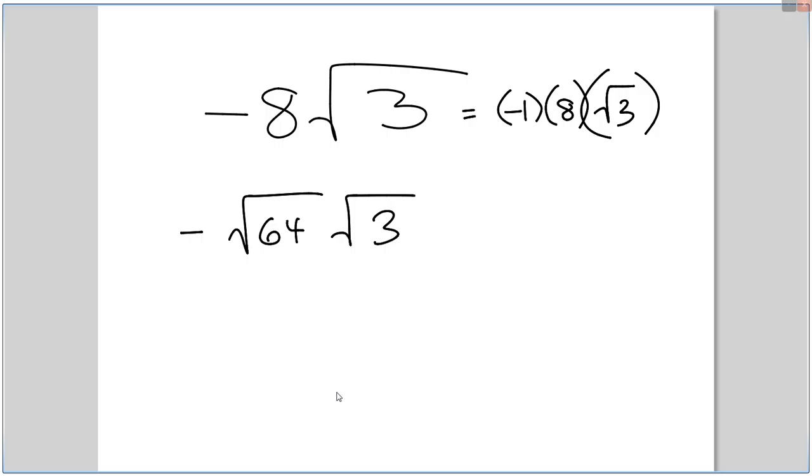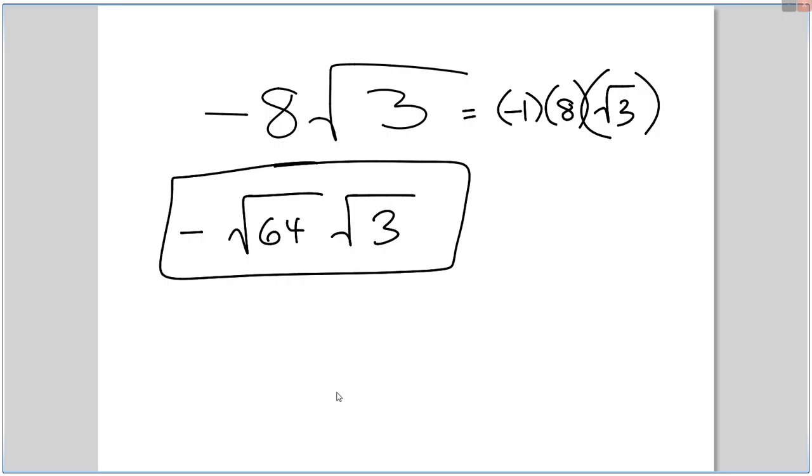And that's basically what I did to create this. 8 is the same thing as square root 64. Now I can smush the two radicals together. 64 by 3 is 192. Whoa! Craziness.